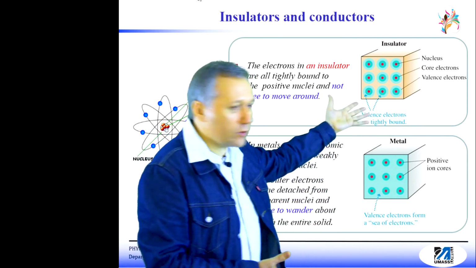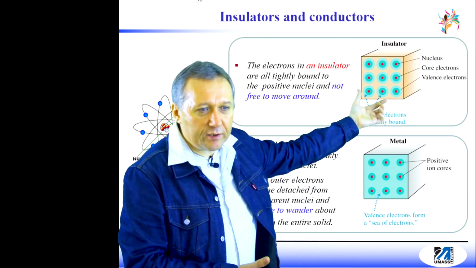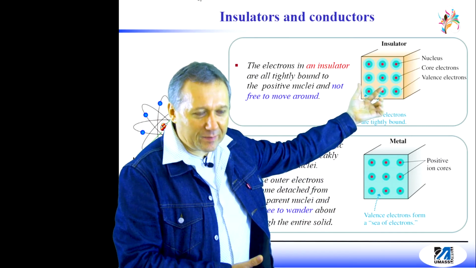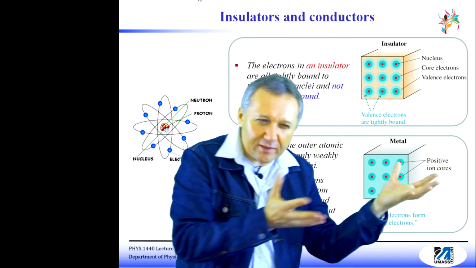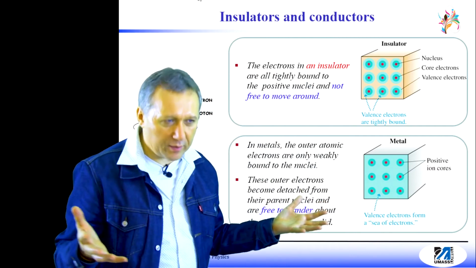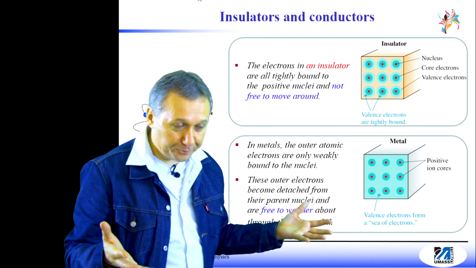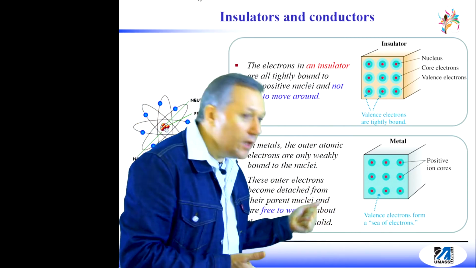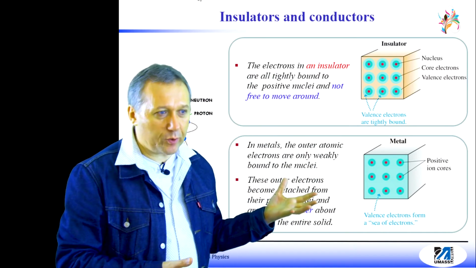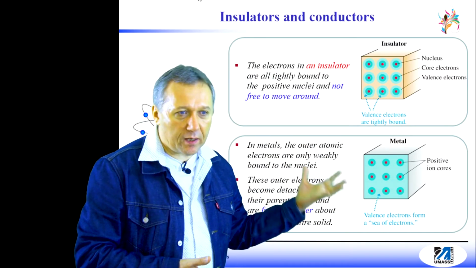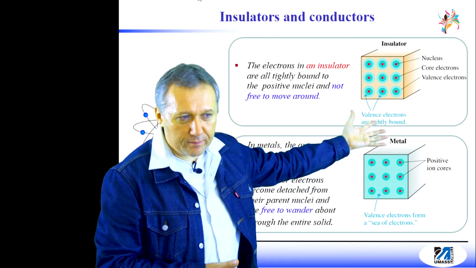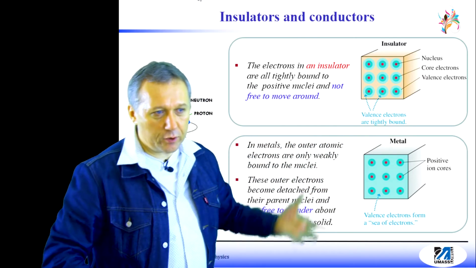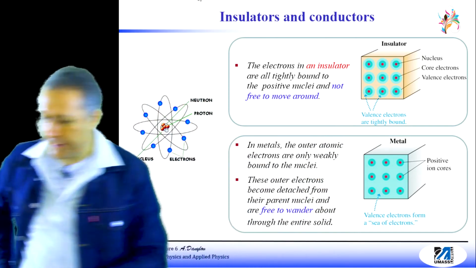The most you can do is slightly distort these atoms, so the clouds of electrons can be slightly elongated in a certain direction, but that's the best you can do, right? So that's why it's difficult or almost next to impossible to create current in an insulating material, because there are no free electrons. They are all connected to their nuclei.